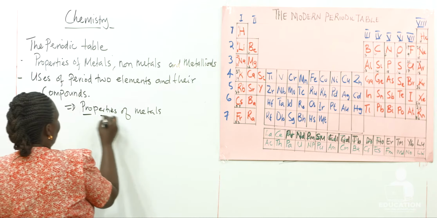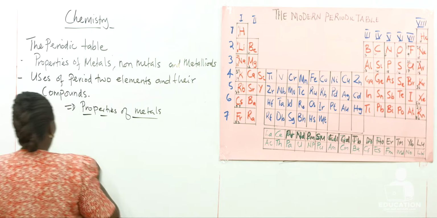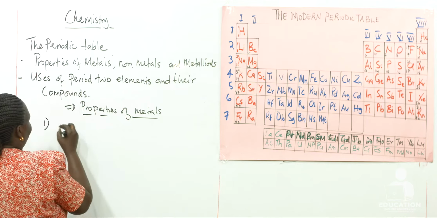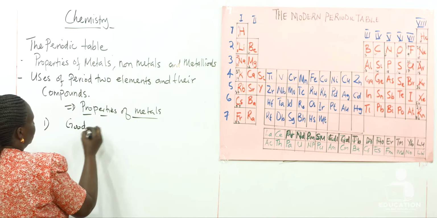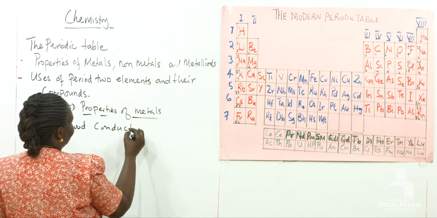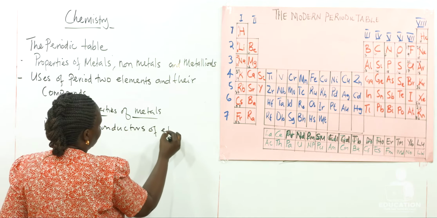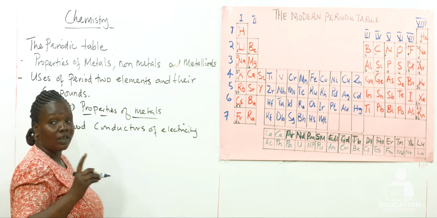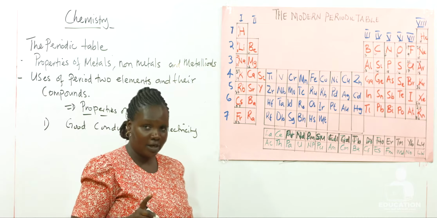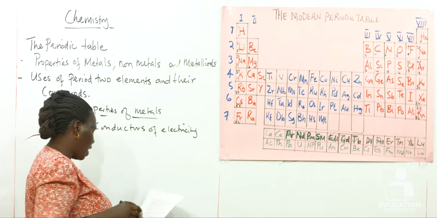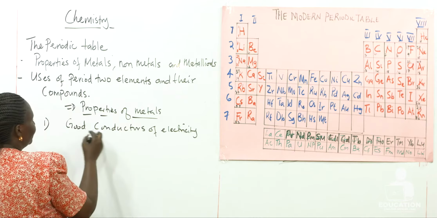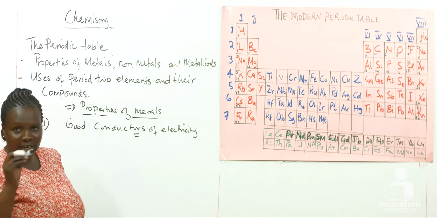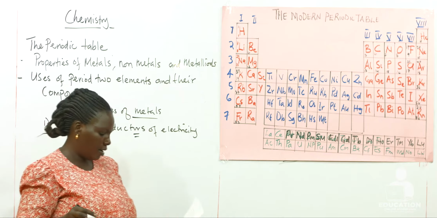When we come to properties of metals, number 1, all metals are excellent conductors of electricity, which means that they can conduct electricity. All metals can conduct electricity. This electrical conductivity is the only property that distinguishes metals from non-metals.